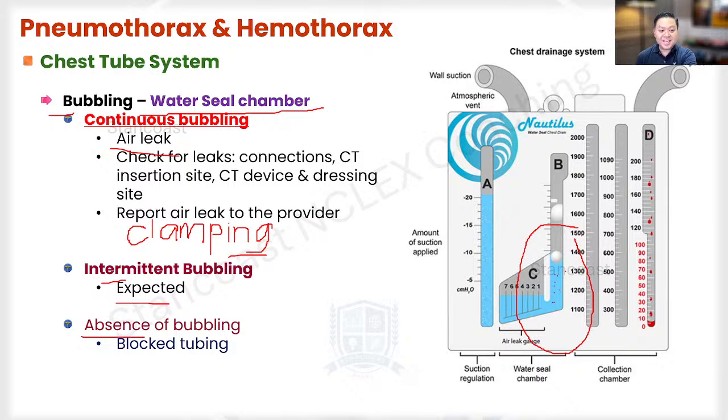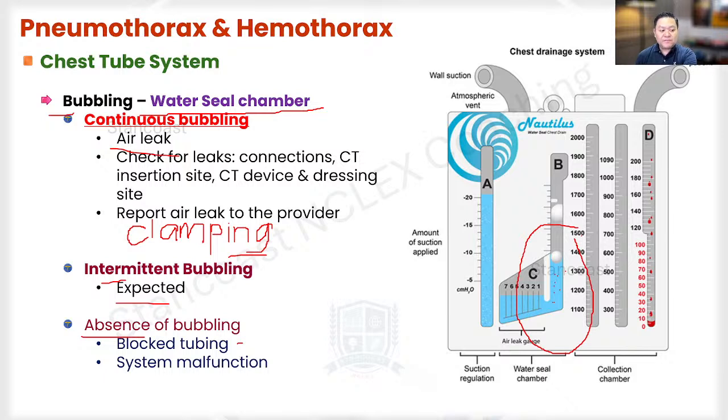If there is no more bubbling at all, and it's a brand new chest tube, yeah, think about a possible blockage here. It could be a clot, or it could be a kink in the tubing itself. Now, if there is absence of bubbling, it could also mean that the system is failing, or maybe there is a malfunction. There could be a crack in there.